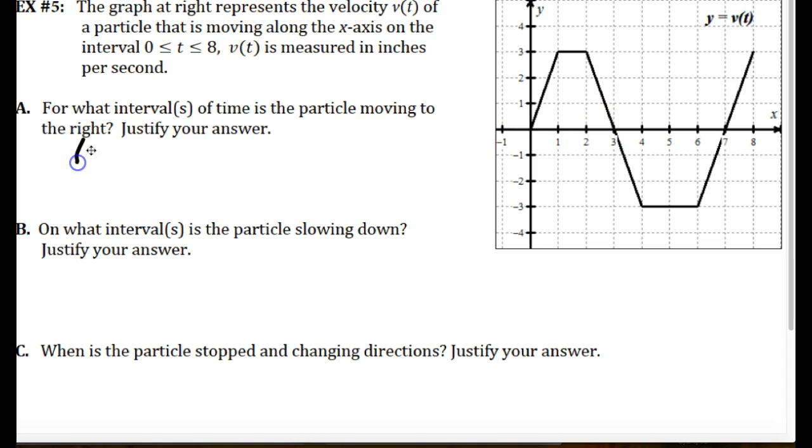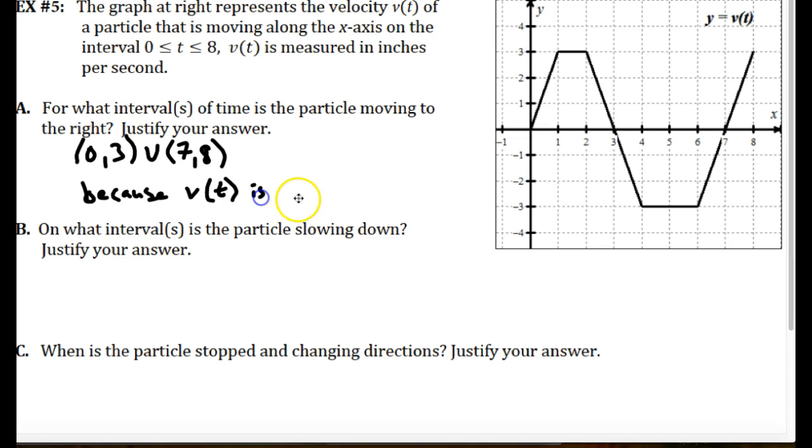So, say from 0 to 3 and 7 to 8. And we can just say that our reasoning is because v of t is positive on these intervals.